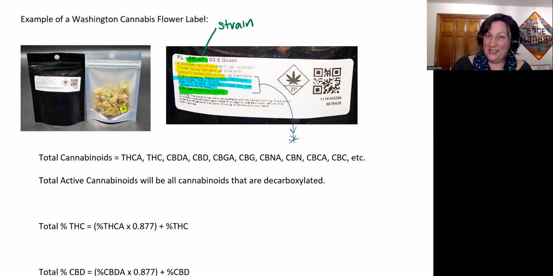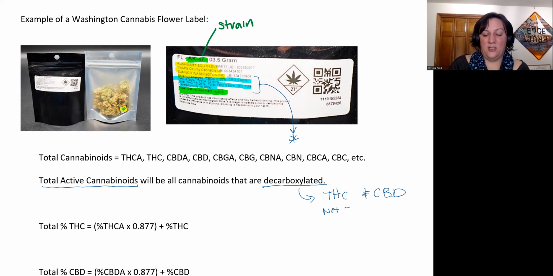The total active cannabinoids is sometimes listed on a label, not always. It's not required. And this is really looking at just the cannabinoids that are already decarboxylated. So that's going to be things like THC and CBD, but not THCA or CBDA.